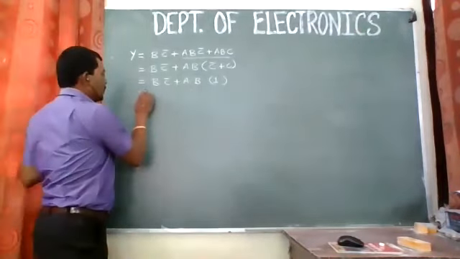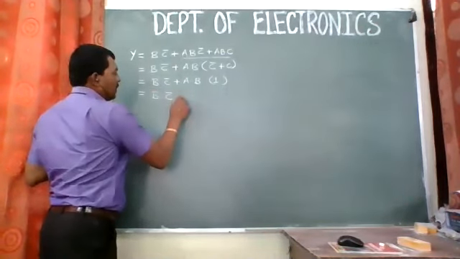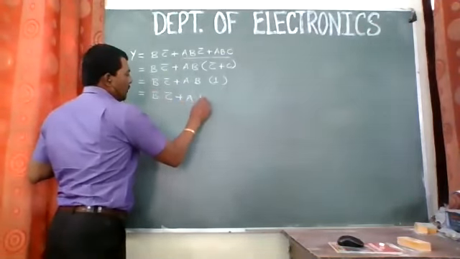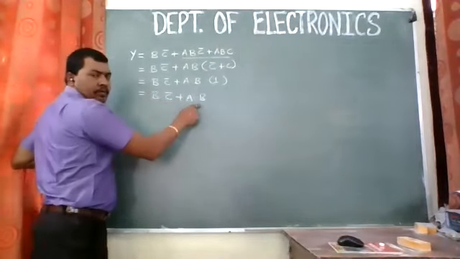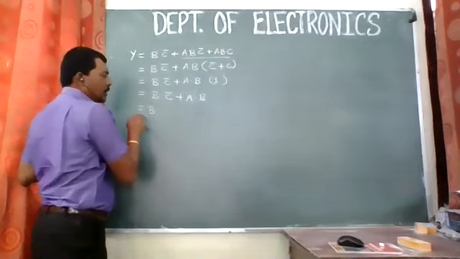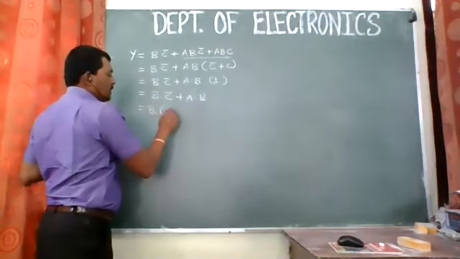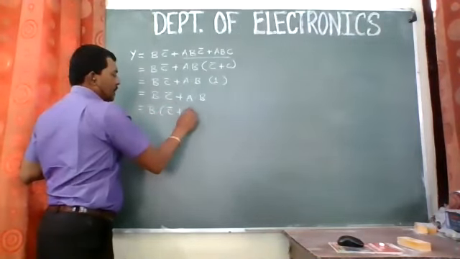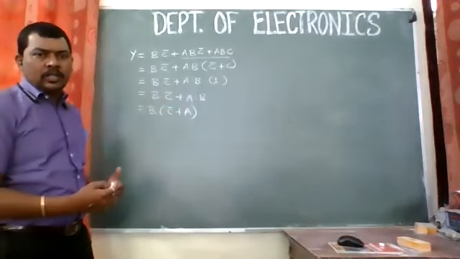So the simplified equation I can get is B dot C bar plus A dot B. Now, in this equation, B is again common, so we can use the distributive law again. I am taking B common, and dot C bar plus A. Now we can't simplify more than this.